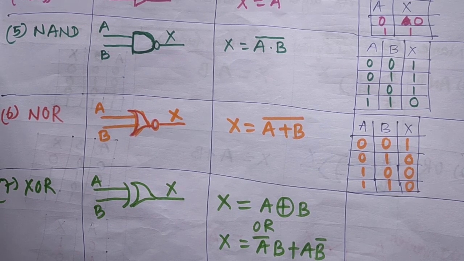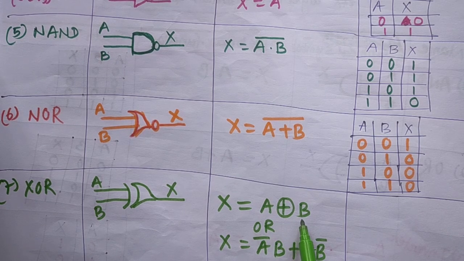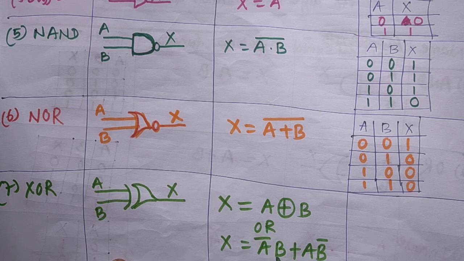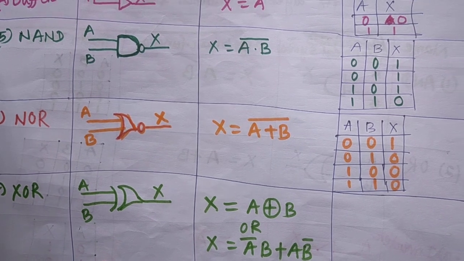Once again, A XOR B means A complement B plus A B complement. This is the basic concept of the XOR gate.